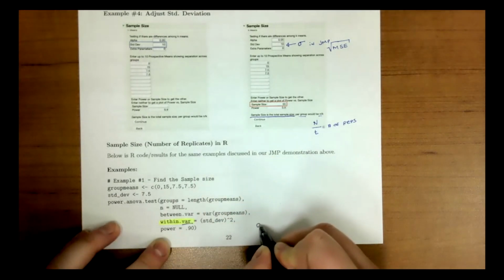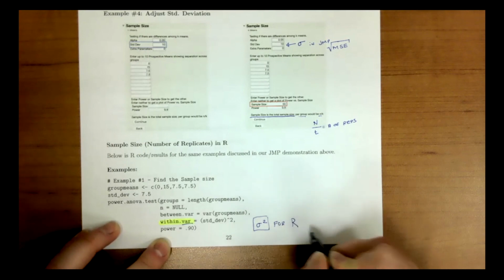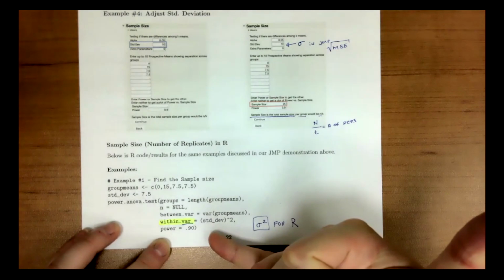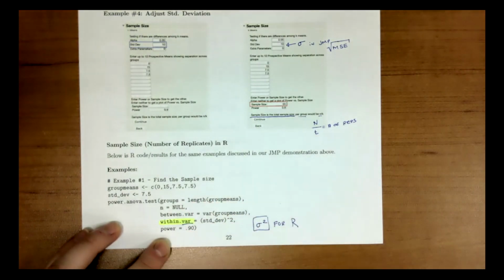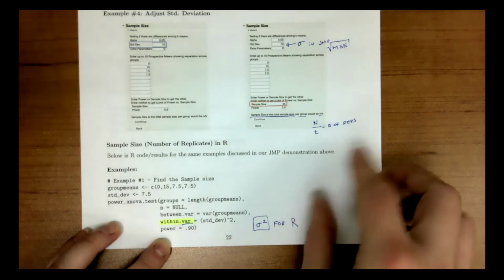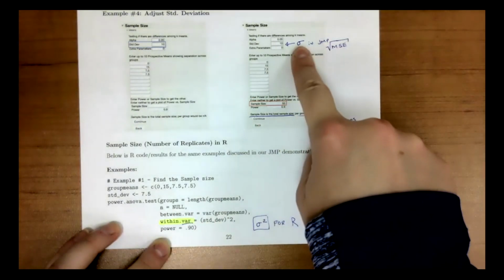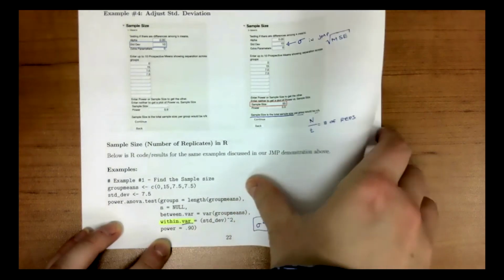And so we're plugging in sigma squared for R. That's a big difference between JMP and R. All right. These other little details I'll talk more about in the R video. But one big difference is that JMP wants you to put in the standard deviation, and R wants you to put in the variance.